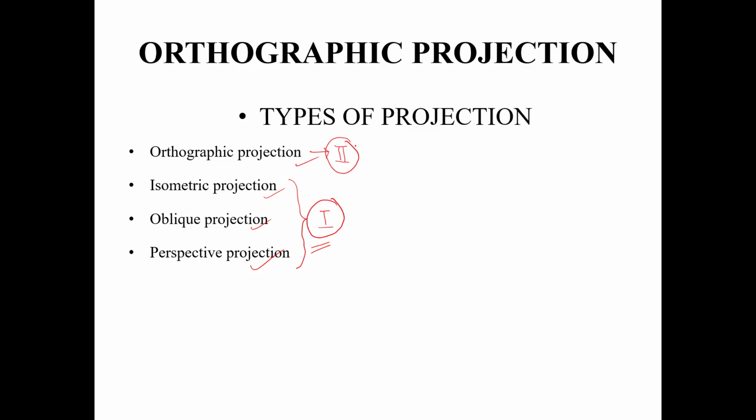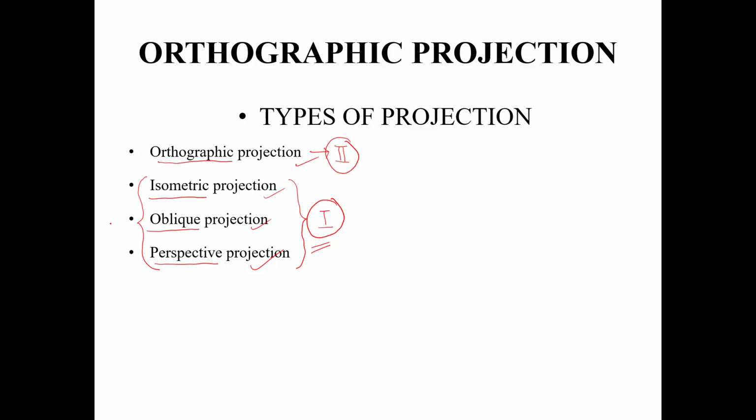So what does this mean? This means that there must be some property which is common to isometric, oblique, and perspective projection, but that property is absent for orthographic projection. So what is that property? That property is very simple.